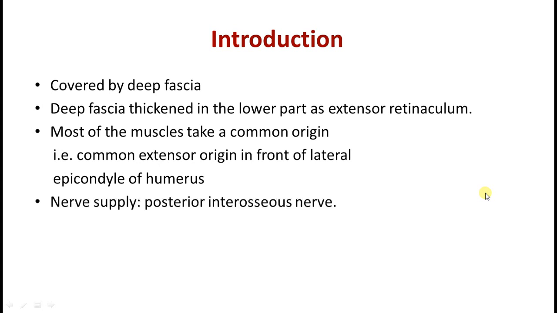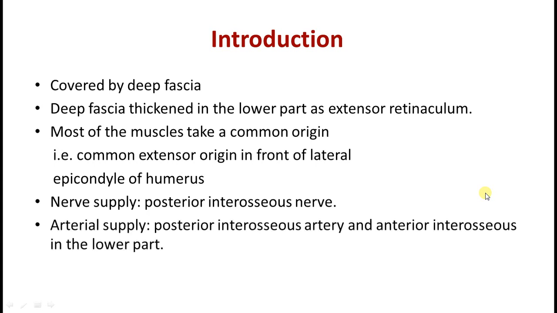The nerve supply of the compartment is the posterior interosseous nerve, which is the deep branch of the radial nerve. Arterial supply is by the posterior interosseous artery, and in the lower part of the back of the forearm the anterior interosseous artery also comes to the posterior aspect and supplies the dorsal aspect of the lower part of the forearm and the wrist. So the nerve is the posterior interosseous nerve, the deep branch of the radial nerve.